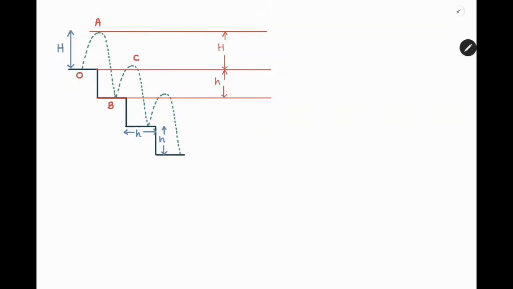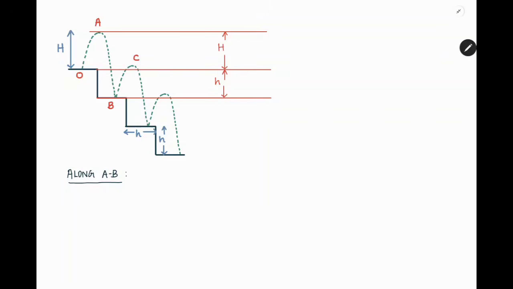followed by B to C. So over here we are saying along AB. If we are solving along AB, at point A we are solving along the y-axis.